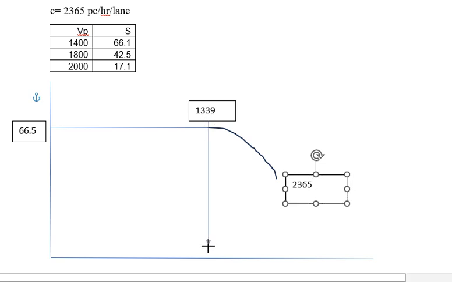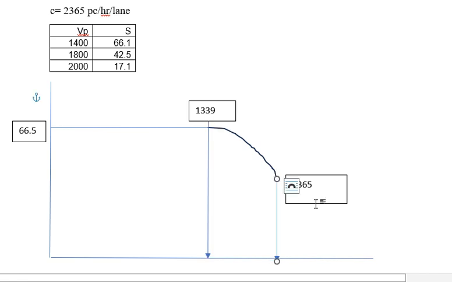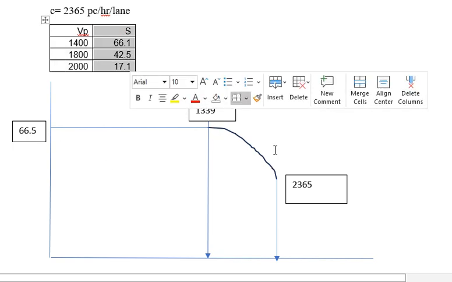So I was saying the break point is here, and the capacity is also, you will locate it on the x-axis. Then these Vp values are the x values for this curve, and the s values are here, the y-axis values.